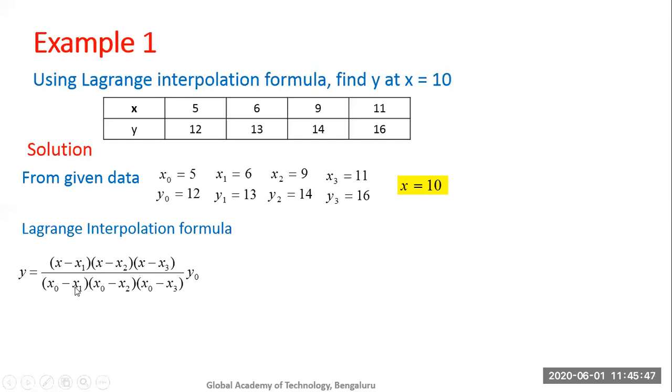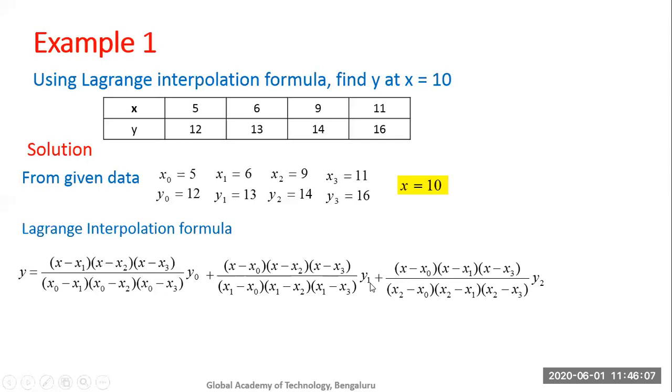So we get x0 minus x1, x0 minus x2, x0 minus x3, only up to x3, multiplied by y0. Similarly, in the next term, ignore x1 in the numerator. So we get x minus x0, x minus x2, x minus x3. In place of x, take x1 in the denominator, multiplied by y1. Similarly, we get the term containing y2 and the term containing y3.